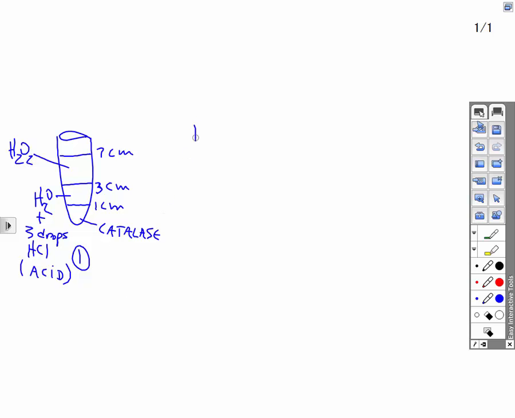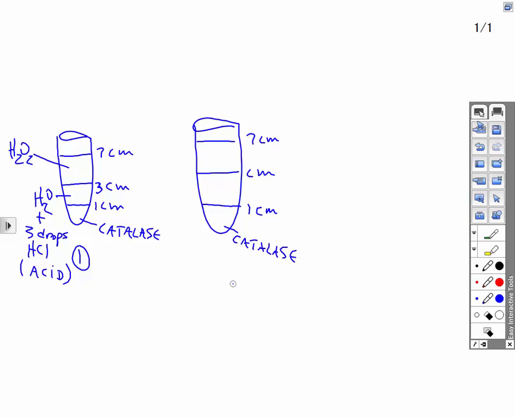And then on this tube, once again, we have a mark at 1 centimeter, another mark at 3 centimeters, and then another mark at 7 centimeters. And the first mark, once again, we have catalase. And this is tube 2, catalase.